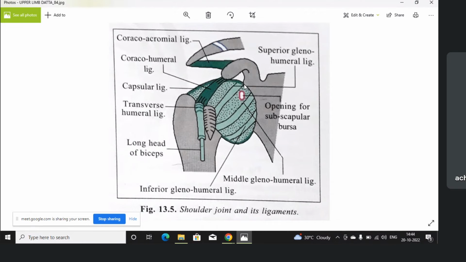Whenever we see outside, we call it the fibrous capsule. Whenever we cut it and see the inner aspect of the capsule, it is lined by the synovial membrane.